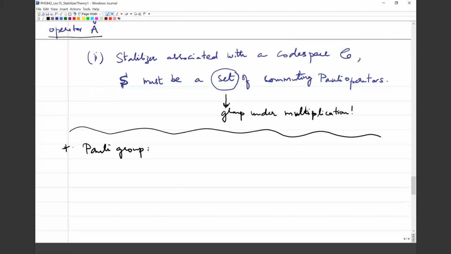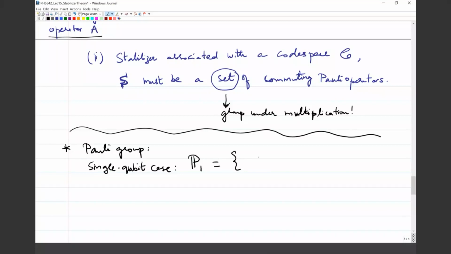So I'll first talk about the single qubit Pauli group, and I'll call this P1, okay? So consider the set of all Pauli operators on single qubits. What is this set?